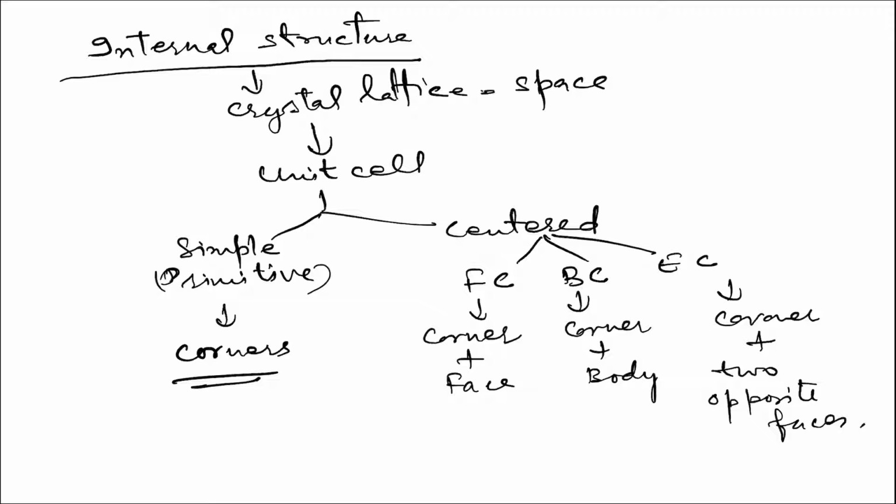Let's revise about this. So we have discussed the internal structure. In the crystal lattice, this internal structure is known as crystal lattice or the space lattice, where the elements are arranged in a three-dimensional network, and the smallest repeating unit is called the unit cell. The unit cells are of two types, simple and centered. Simple unit cell is also known as primitive unit cell.